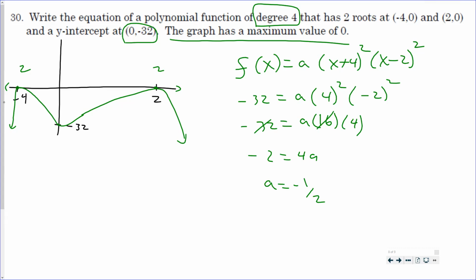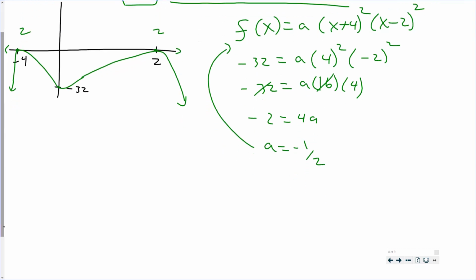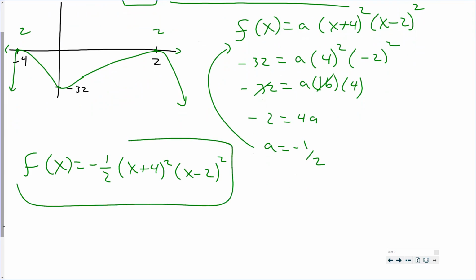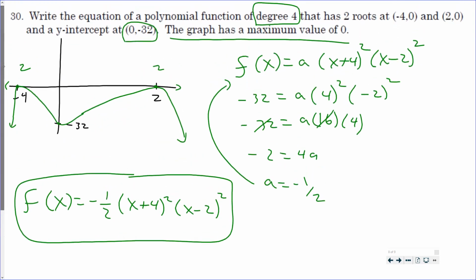Are we good with that? So you plug this back in, you get that f of x is negative 1 half times (x plus 4) squared times (x minus 2) squared. And that's your answer. Are we ready to keep going?